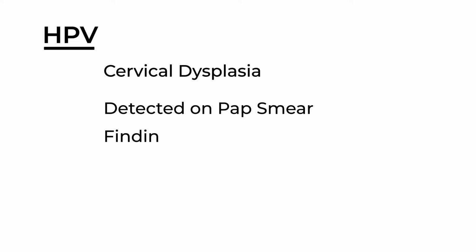Now, human papillomavirus, in addition to causing genital warts, is of significant importance because it also causes cervical dysplasia. And cervical dysplasia can be detected on a pap smear, and the characteristic finding, which is very important to know, is you will see these cells known as koilocytes.